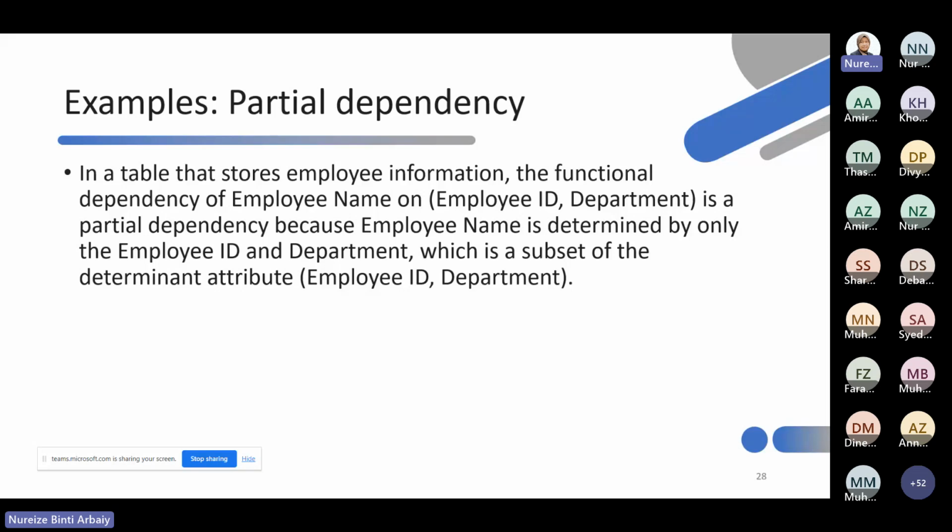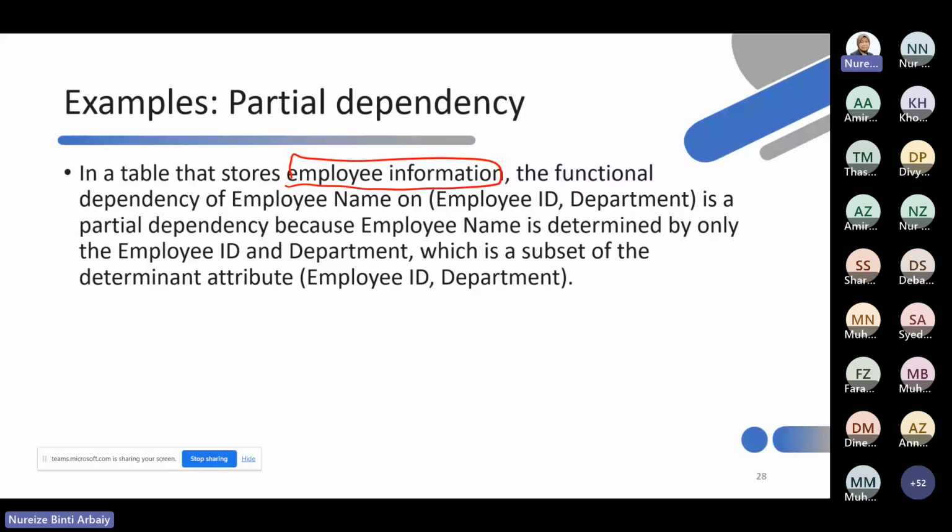Another example, in a table that stores employee information. So the functional dependency of employee name on employee ID and department is a partial dependency. Partial dependency, because employee name is determined by both the department and the employee ID.